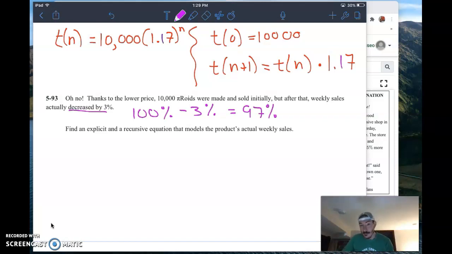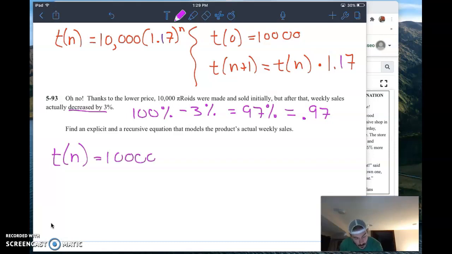This is a decay factor because 97% is equal to 0.97. And remember what happens when we multiply by a number less than 1. Our overall term value is going to decrease. Check out this explicit rule. Everything is going to remain the same except for that growth factor.